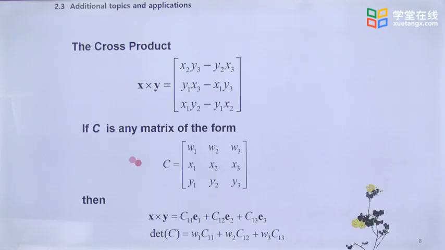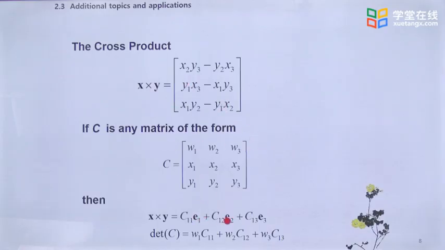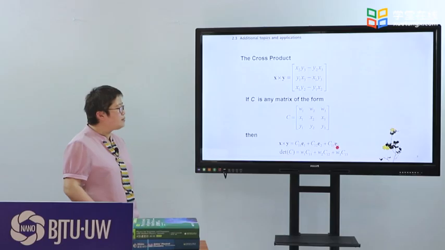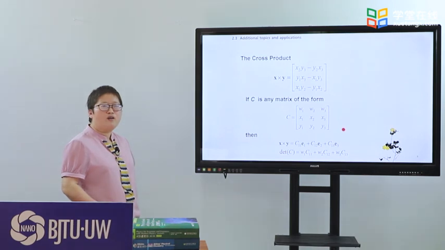This matrix and its cofactors help us remember the components of X cross Y. X cross Y equals C11, the cofactor of the 1,1 entry in C, times e1, where e1 is the vector 1, 0, 0, plus C12 times e2, the second coordinate vector 0, 1, 0, plus C13, the cofactor, times e3, where e3 is the coordinate vector 0, 0, 1.